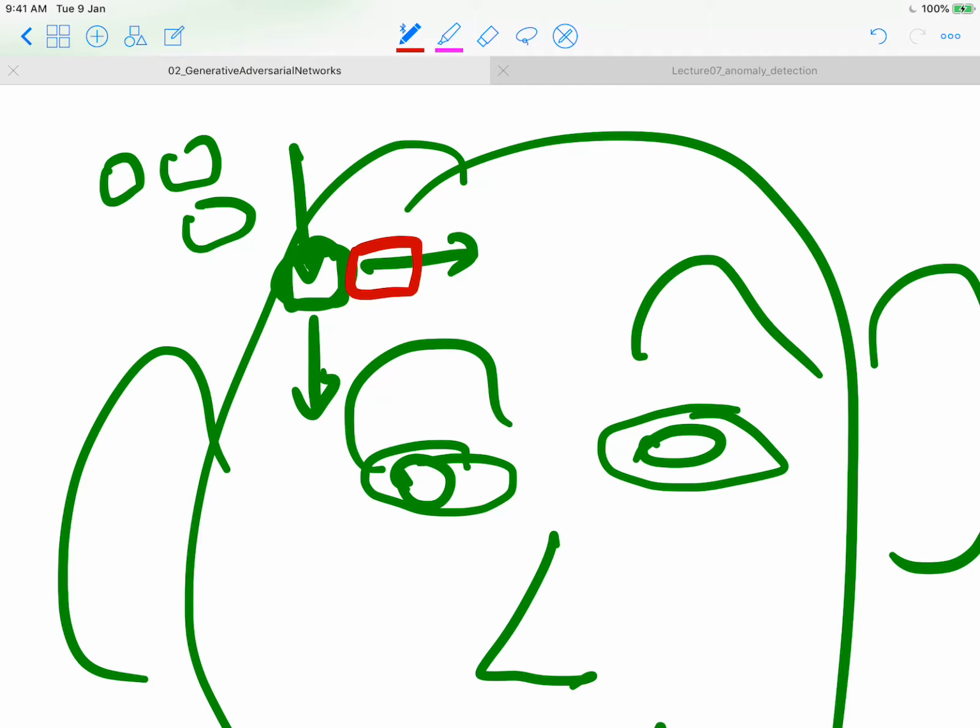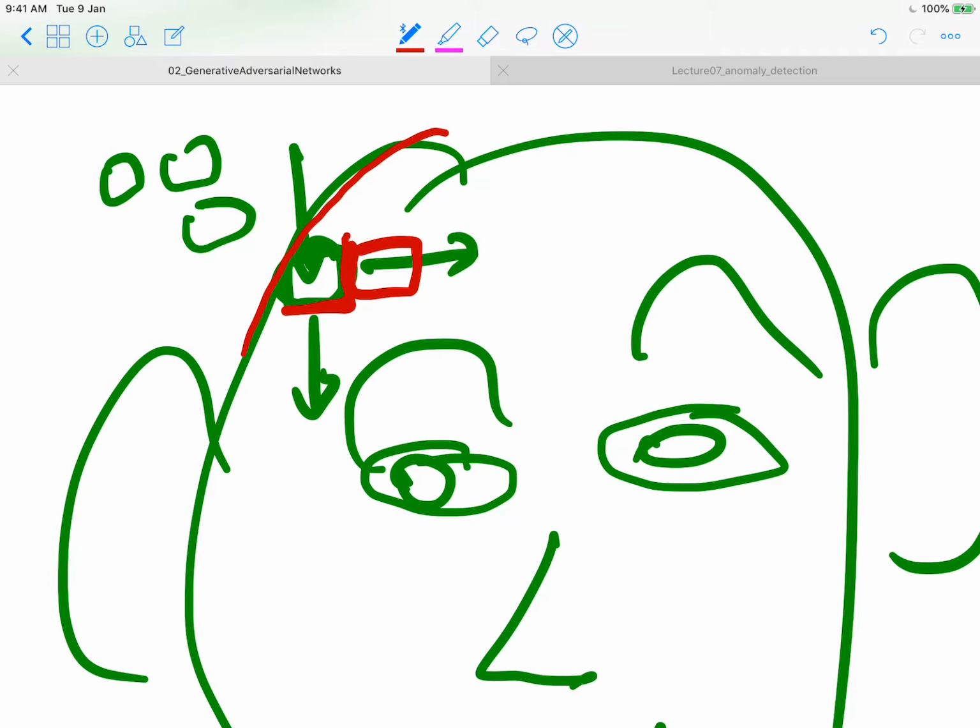Because it is indicating that we started our facial region, moving to the right and then the bottom. It is not likely that the facial region ends with just a single pixel, right?